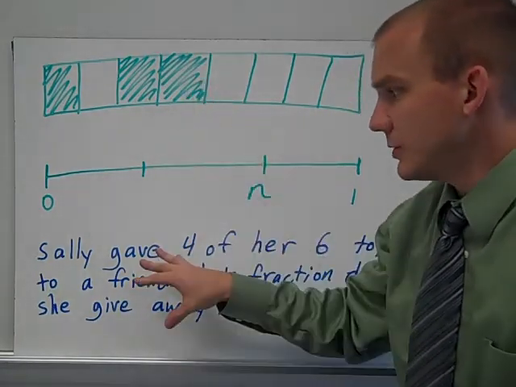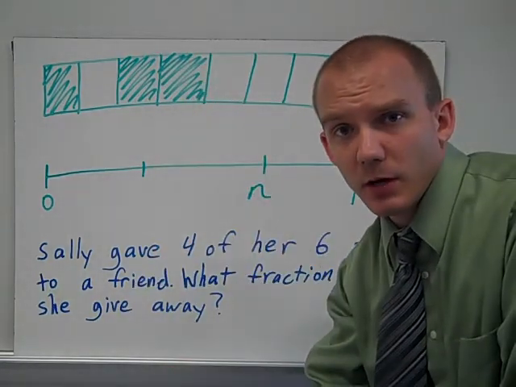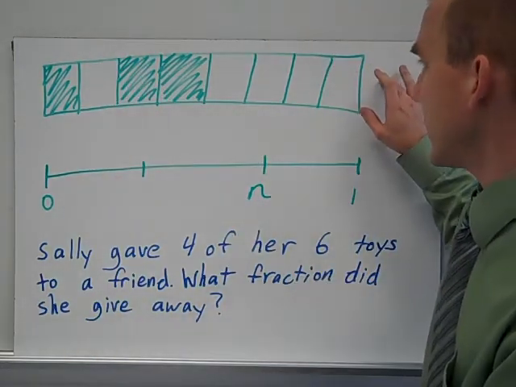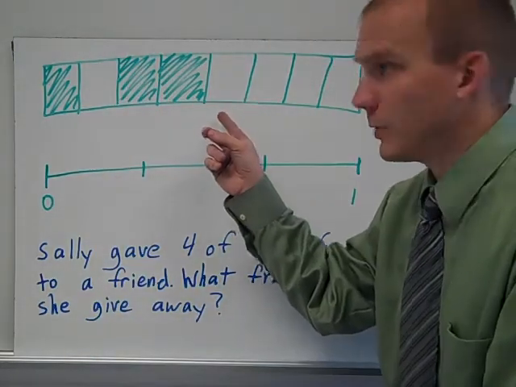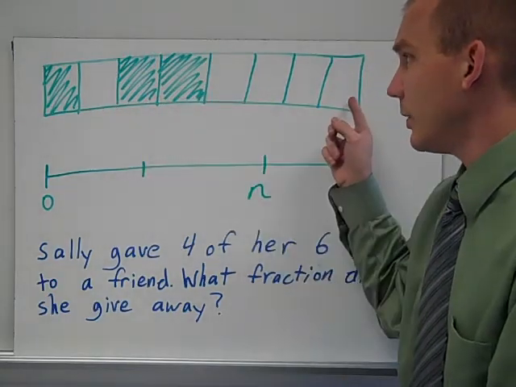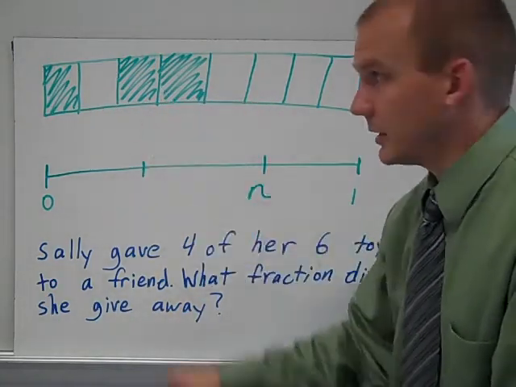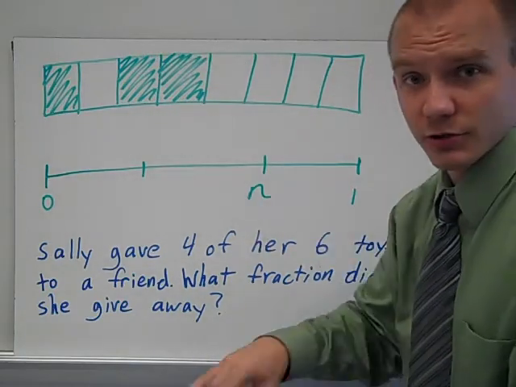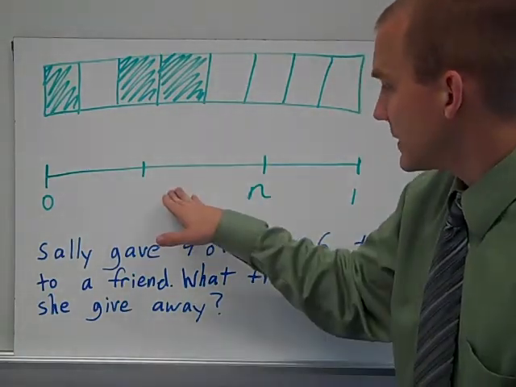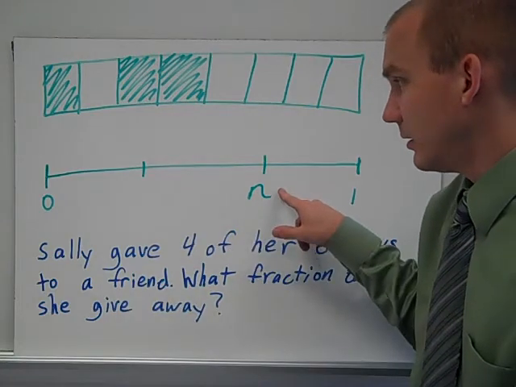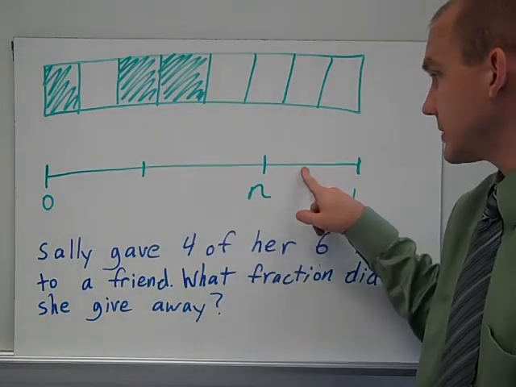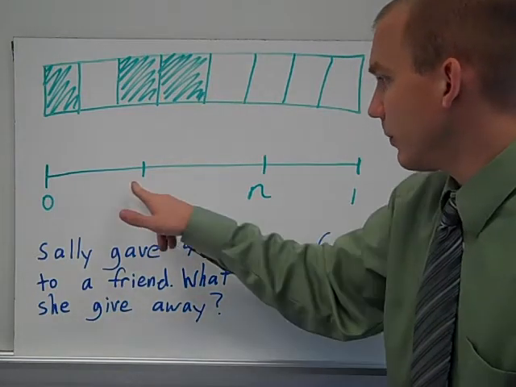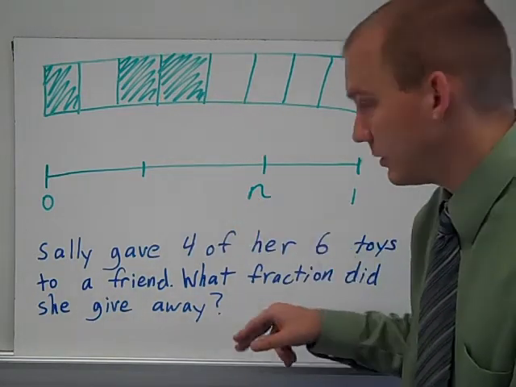I'm going to introduce these, and I want you to pause the video and solve all 3 of them. There's 3 separate problems. The first one is a rectangle. What fraction is shown here? Count up the equal parts, and then how many are shaded. The shaded is your numerator, the top. The number of total equal parts is your denominator. On this number line, what's n? You have to count up your equal parts, that's your denominator, and then how many of them is n?